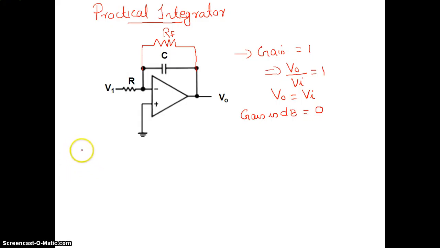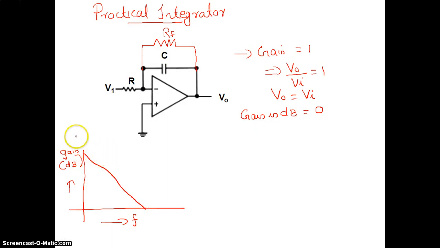If I am plotting the graph of frequency versus gain, in dB range, then for an ideal integrator it will come down straight like this. This is the case for an ideal integrator.